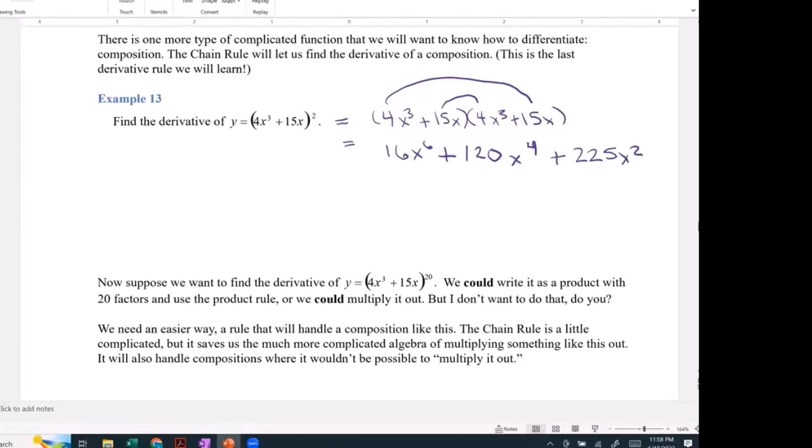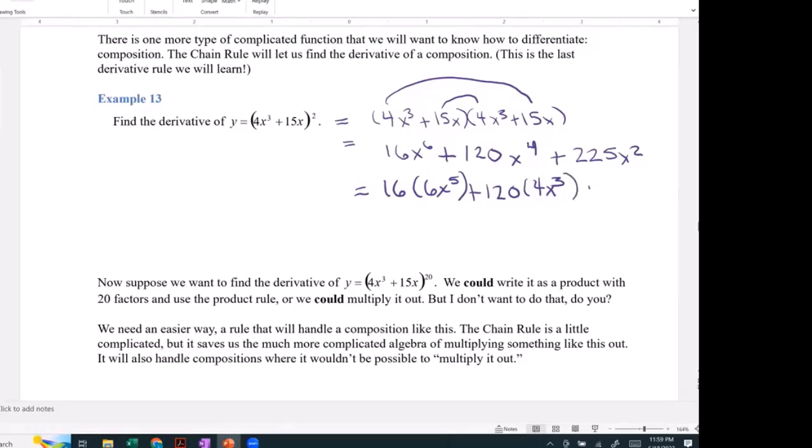And now we could find the derivative. Remember, it's easy from here. Take out the constant, use the power rule, which is 6 times 16x to the 5th, plus 120 times 4x to the 3rd. Sorry, this is not an n, this is an x.